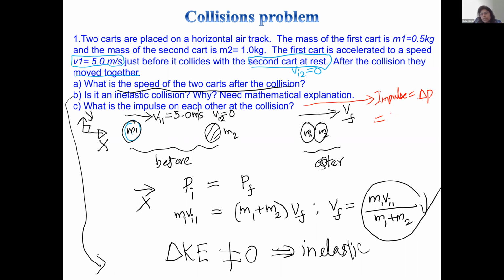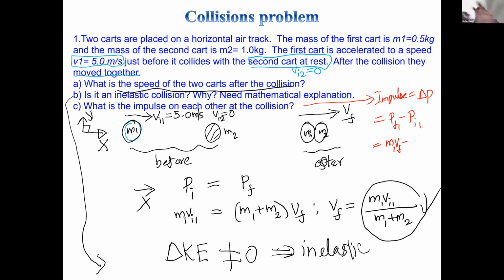That means P final for the first object minus P initial for the first object, right? So P final for the first object will be M1 V final, minus, and impulse is also a vector, so make sure that you use the direction.